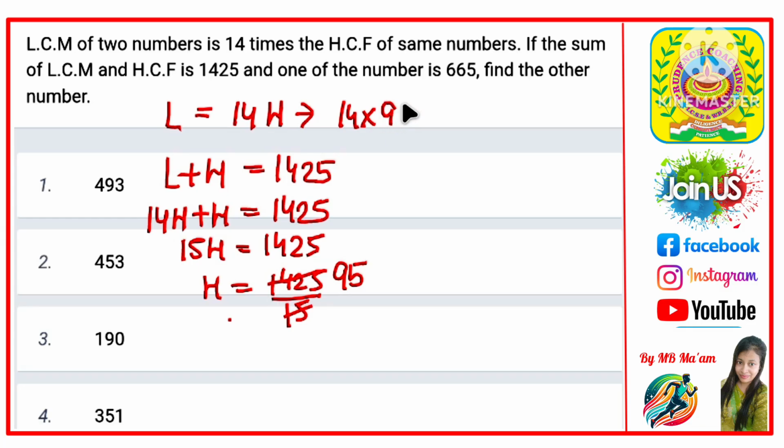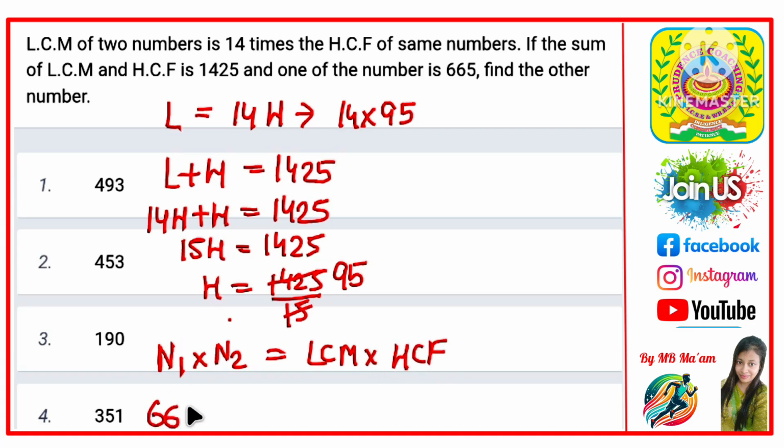H is 95. And in the previous sum we learnt one of the basic formulas of LCM HCF, that the product of the numbers n1 into n2 will be LCM into HCF of those numbers. So here one number is given to be 665, and we don't know the other number, let it be x.